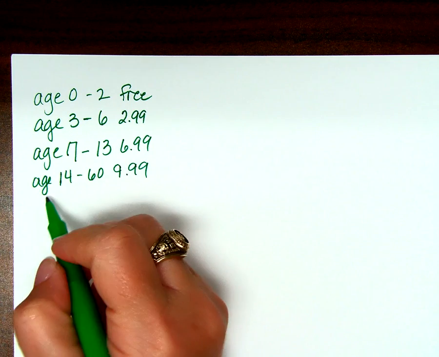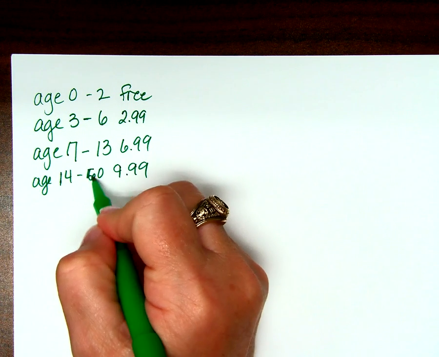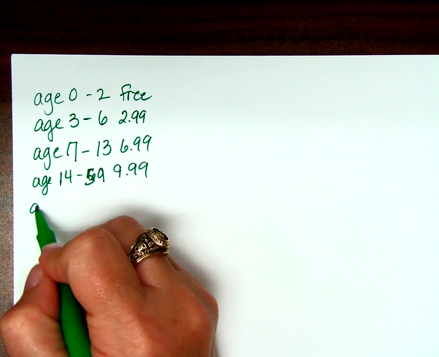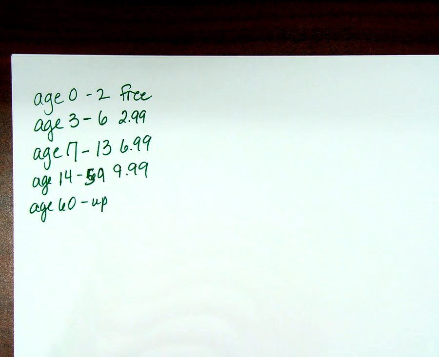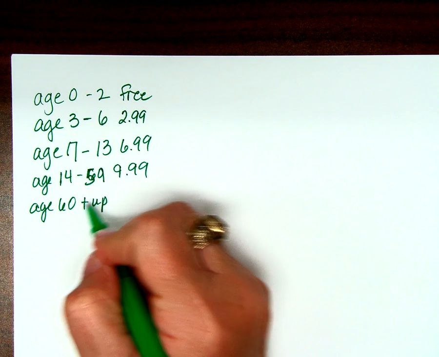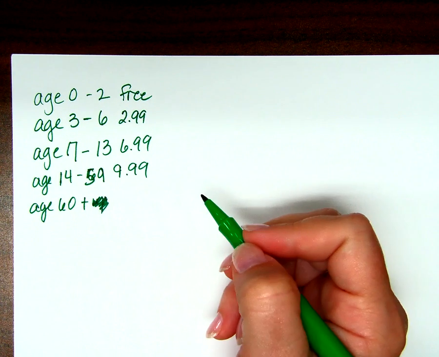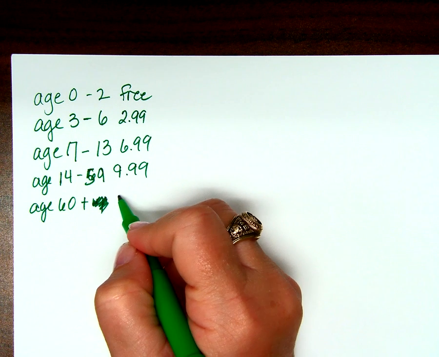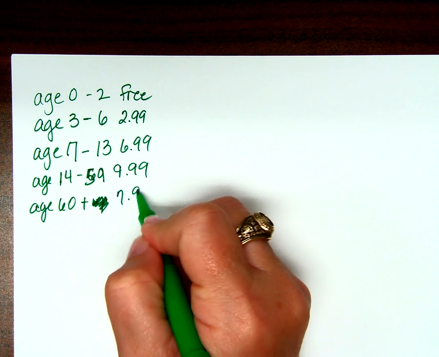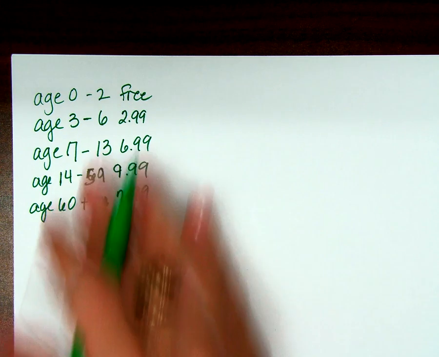Okay. But then when you're over, I think this is actually 59, because once they get to 60, yeah, and I think it just says 60 and up. Yeah, or 60 plus. That works also. I think they pay like $7.99. Okay. So this is a piecewise function.